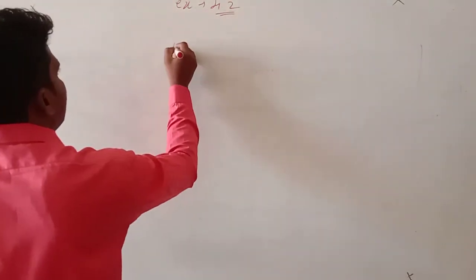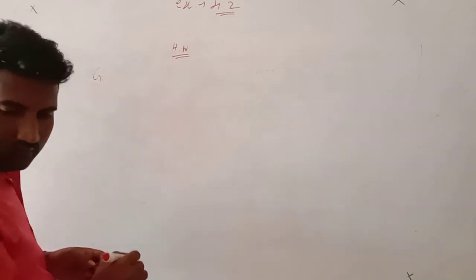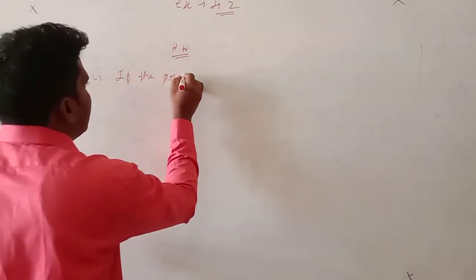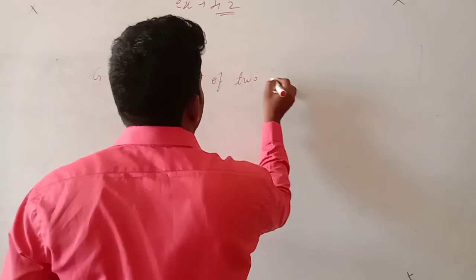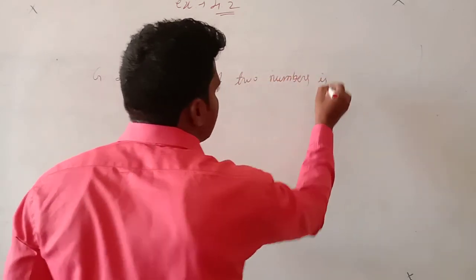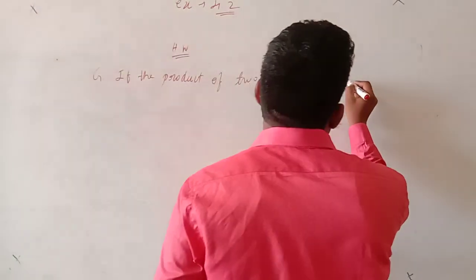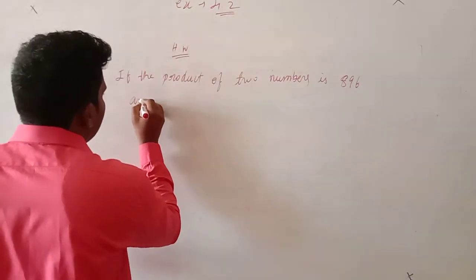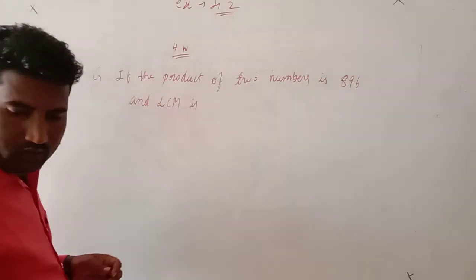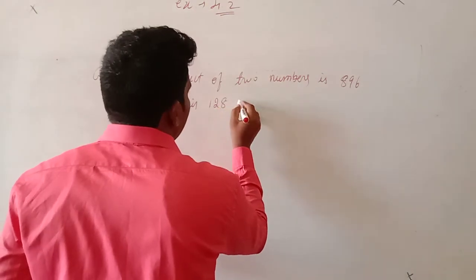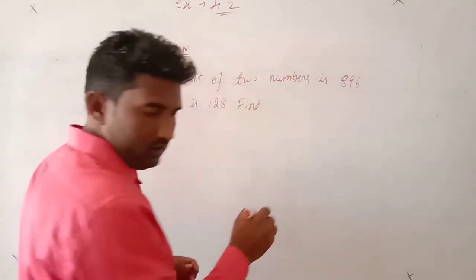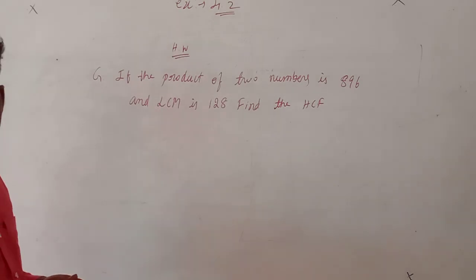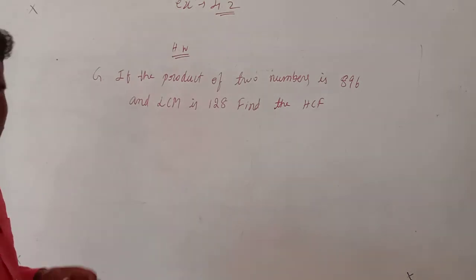Homework question: if the product of two numbers is 896 and LCM is 128, find the HCF. This question is also like the previous one.